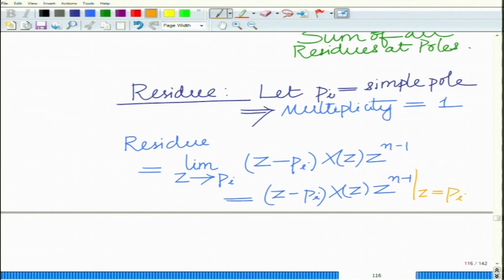So, this is the residue at a simple pole p_i, that is, a pole of multiplicity 1. This is simply given as (z minus p_i) into X(z) into z^(n-1), evaluated at z equal to p_i.